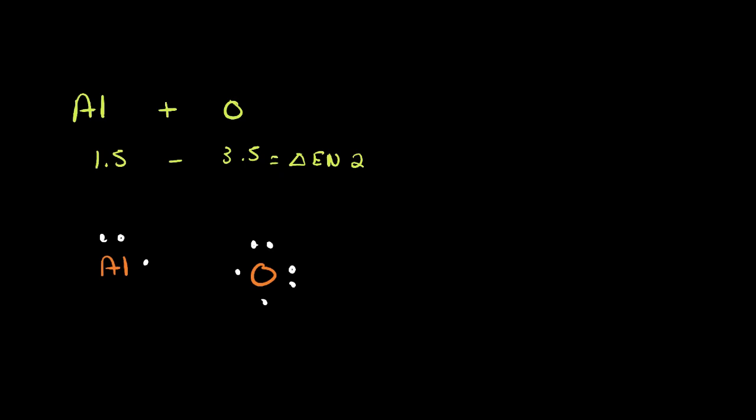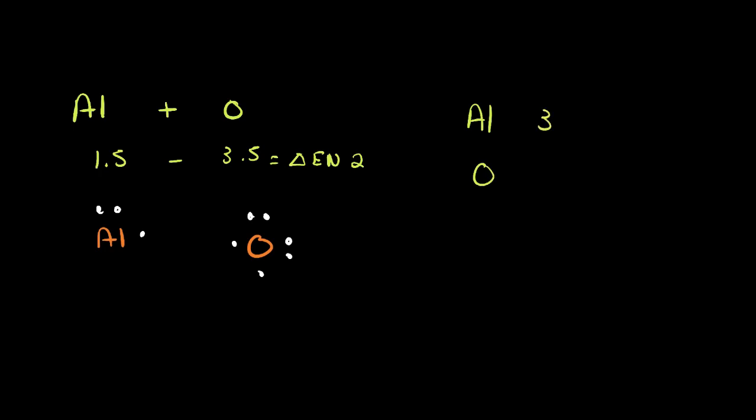So let's see if we can do this part right here a little easier if we do the oxidation numbers and the crisscrossing first. All right, so I'm going to skip putting in those arrows and so forth until we do the other. You have aluminum, you have oxygen. Aluminum has 3 valence electrons, oxygen has 6. We need to have a transfer from the metal to the nonmetal.